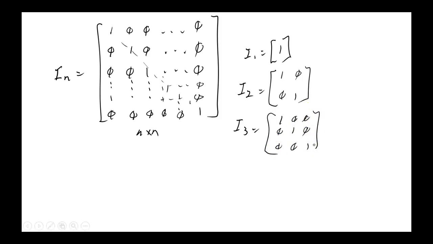Now, it's called the identity matrix, always square and of order n. This is the order 1, 2, and 3 identity matrix. That one's the identity matrix of order n.